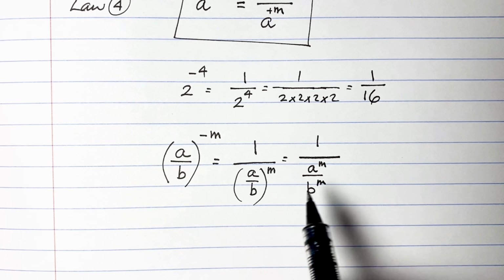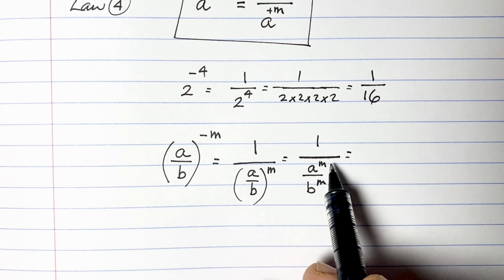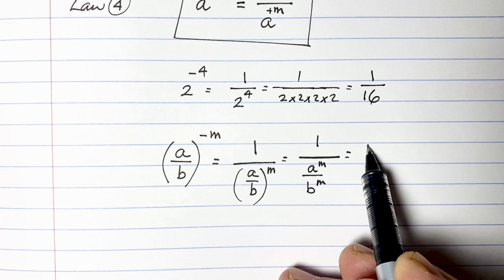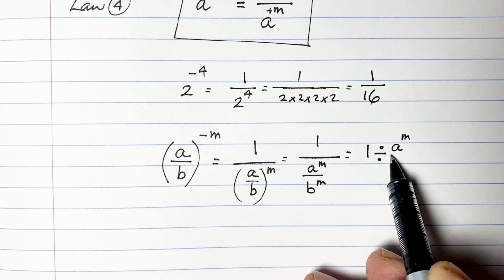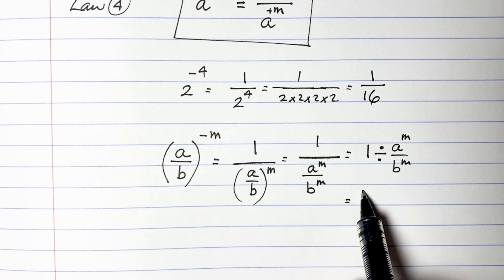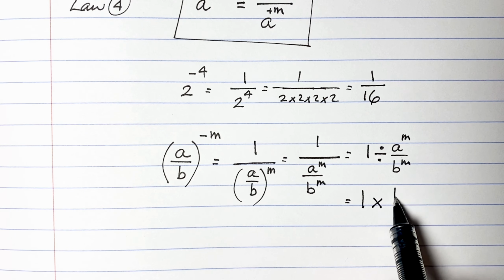Both of them will get a power. Now we're doing division of 1 by a fraction, or a fraction by a fraction. So that's 1 divided by a to the power of m over b to the power of m. And if you remember, we keep, we change, we flip.